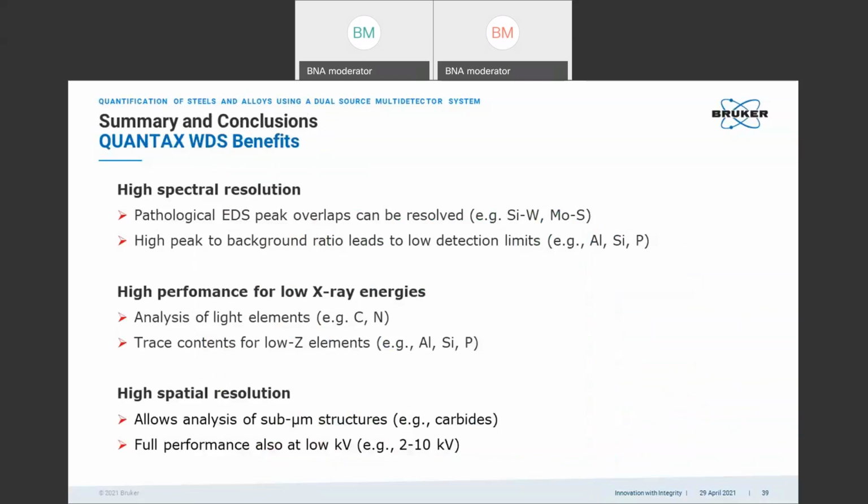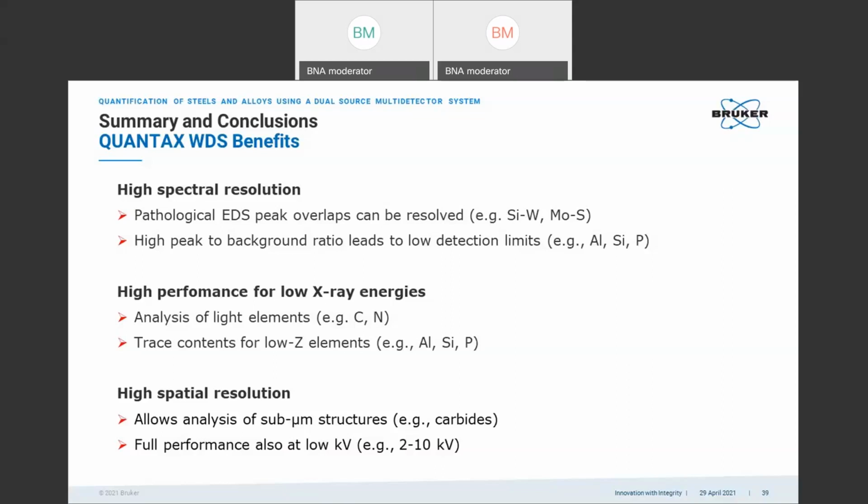That's a summary here of the WDS benefits. Why did we use WDS in this combined analysis? Because of the high spectral resolution potential. So we could resolve severe EDS peak overlaps like silicon tungsten, molybdenum sulfur. We also get high peak to background ratios that lead to low detection limits, especially for the low Z elements like aluminum, silicon, phosphorus.